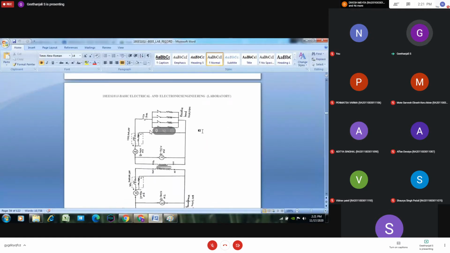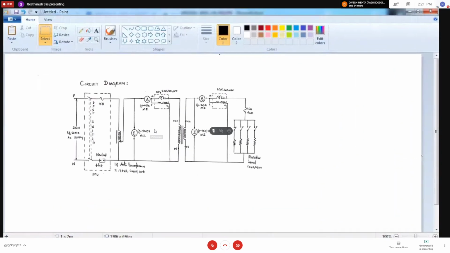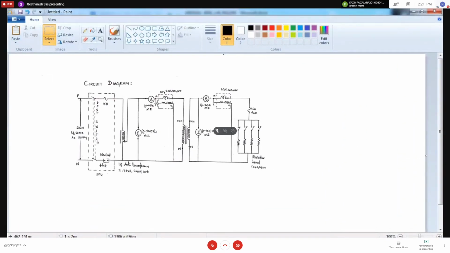Then this is the diagram. This is the transformer.